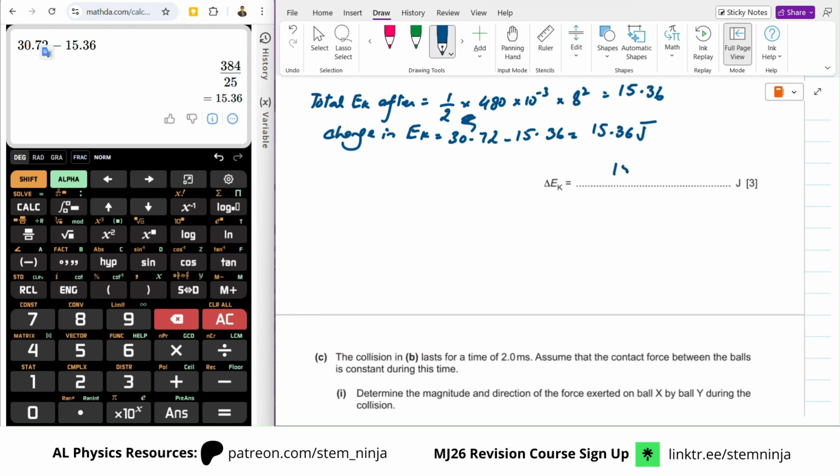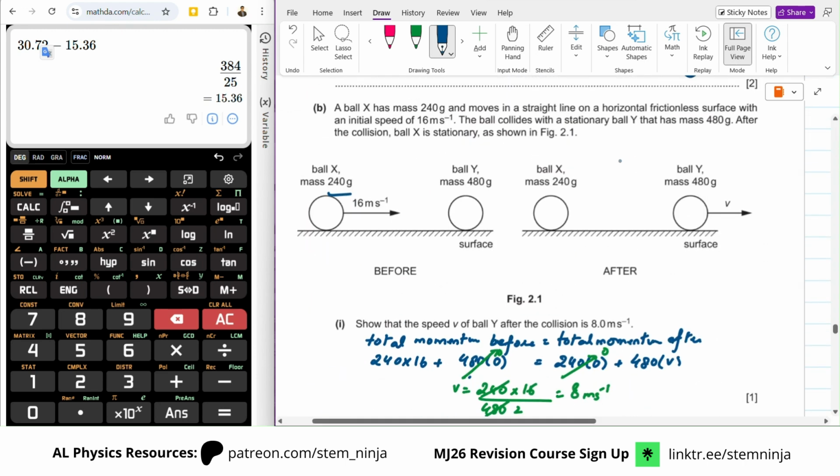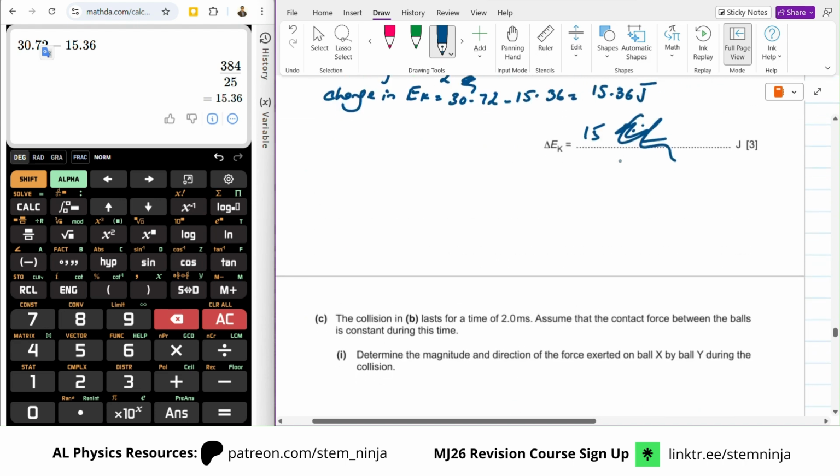So this would be 15.4, or just 15 also would be fine. Yeah, two significant figures. Okay.